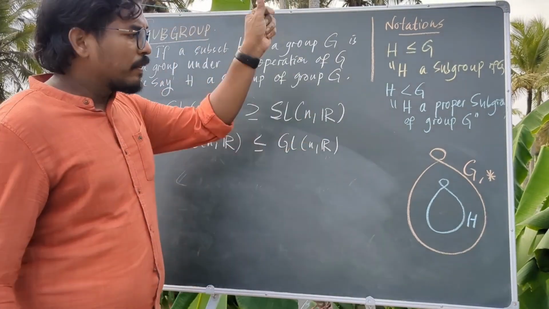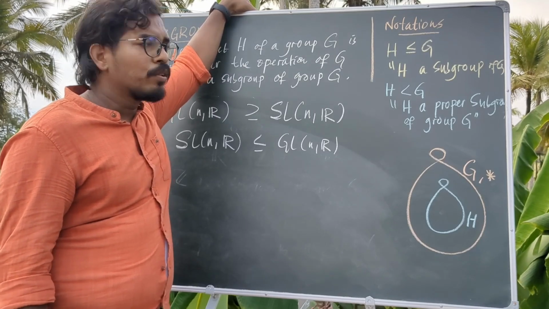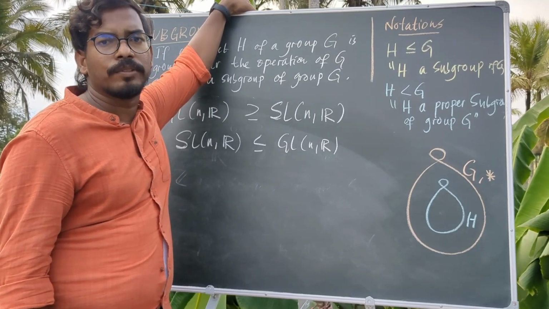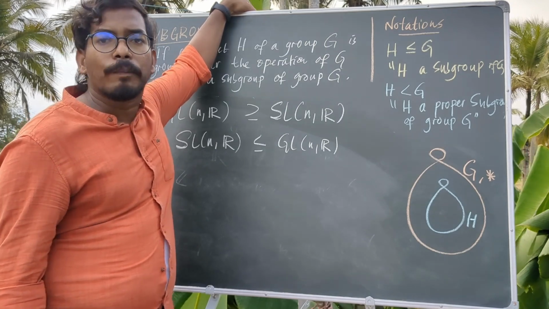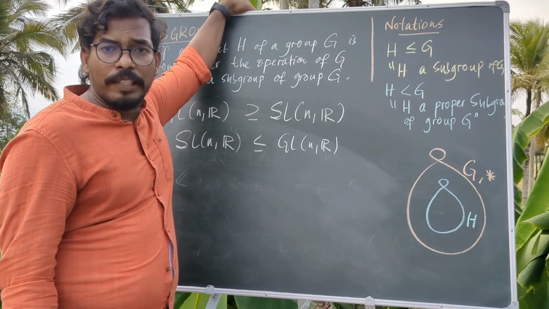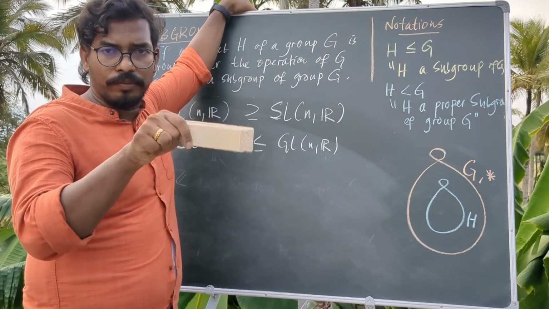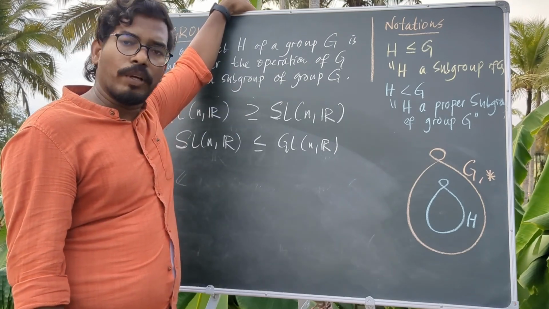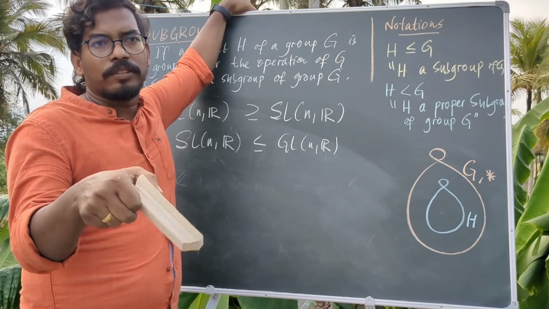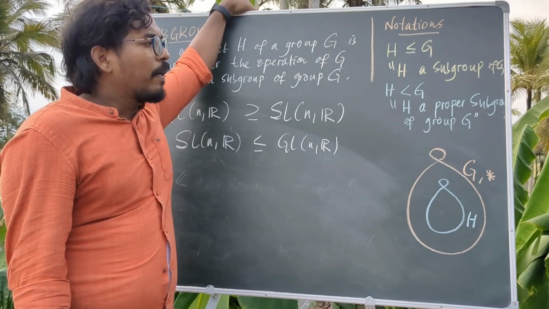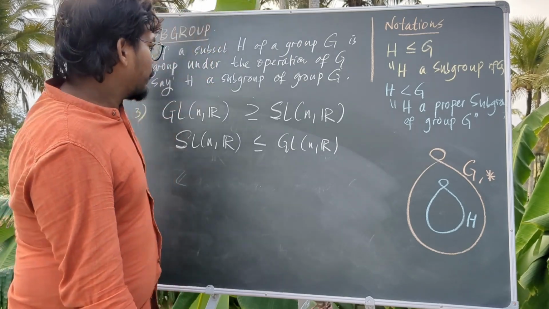To show something is a subgroup, since it is a group, we have to show all 4 group axioms, but we have some subgroup tests, and those tests say you don't have to show all 4 group axioms. You can show something is a subgroup if it satisfies some of the properties, and we will see subgroup tests.